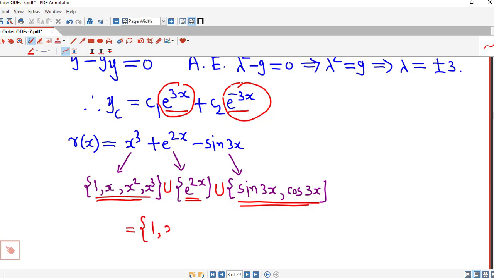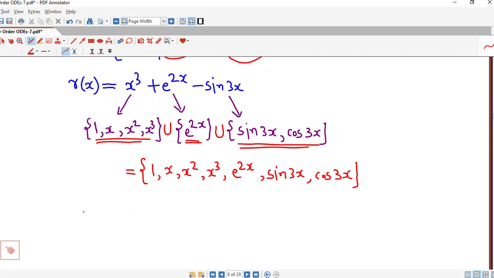Union means we write down the members which are in all the sets: 1, x, x square, x cube, e raised to 2x, sin 3x, cos 3x, and we consider the particular solution as a linear combination of these members. There are 7 members.